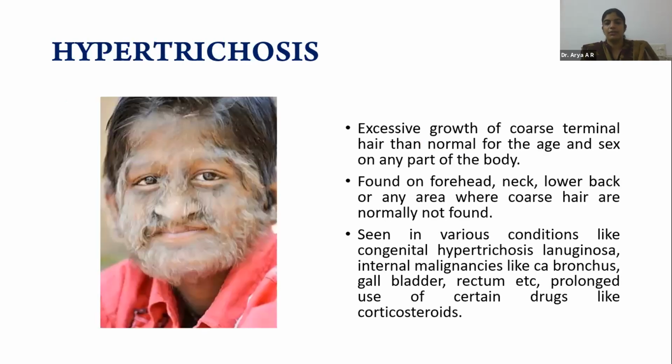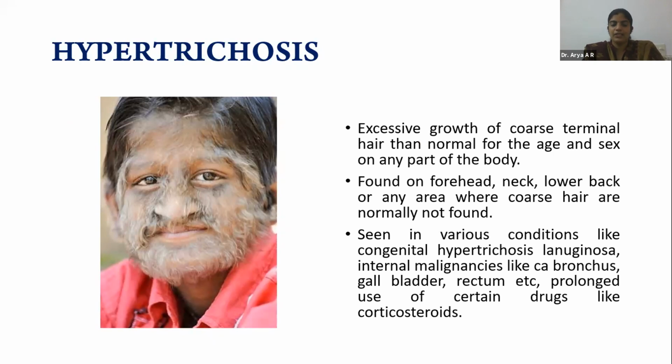So this is called hypertrichosis. What is that? You could see in this picture a child whose face is covered fully with hair. That is hypertrichosis. Hypertrichosis means excessive growth of coarse hair, more than the normal hair, on any part of the body.